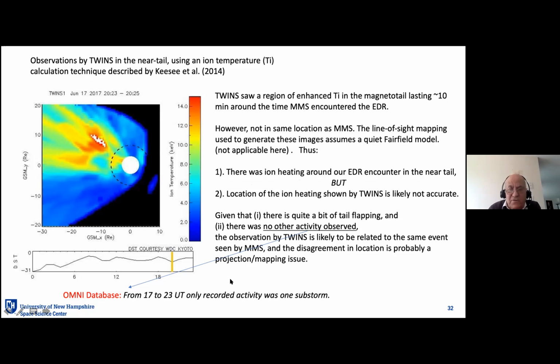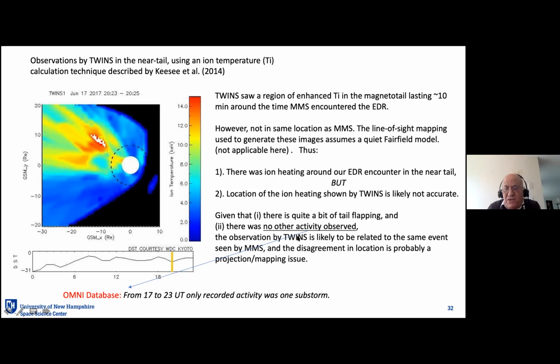So what can we draw from this one? Given that, one, there is a lot of tail flapping, and two, there was no other activity observed. For this, I refer you to the OMNI database. For 6 hours, the only recorded activity was the one substorm we have just seen. Otherwise, there was nothing.